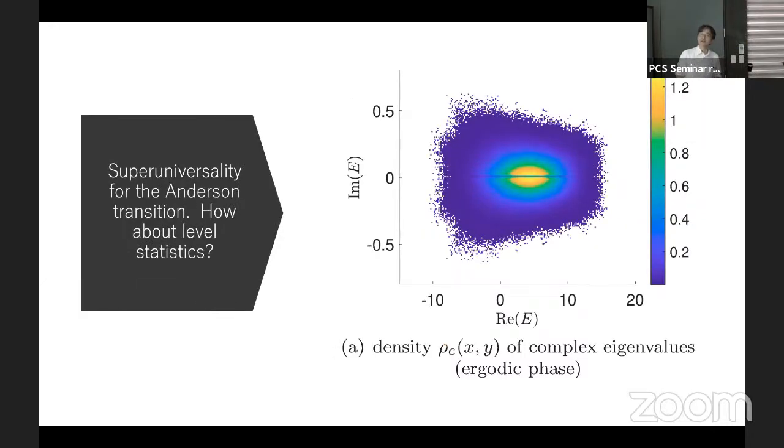That is, we have shown that there is a superuniversality for the Anderson transition. But how about level statistics? This is the typical energy levels in the complex plane, real part of energy and imaginary part of energy.